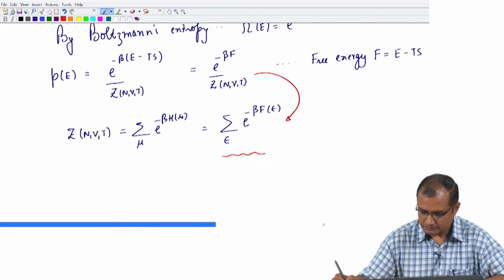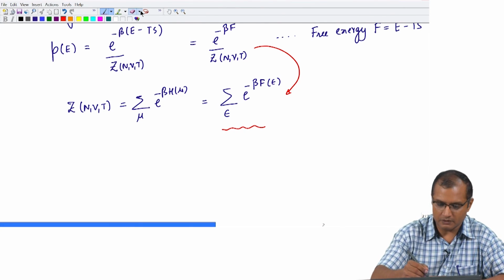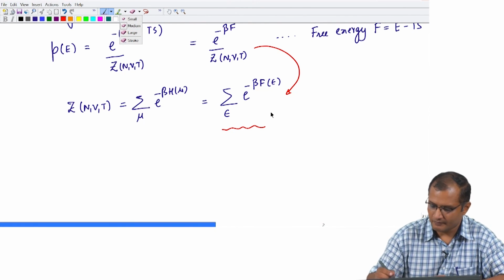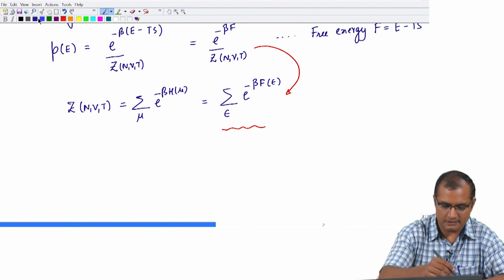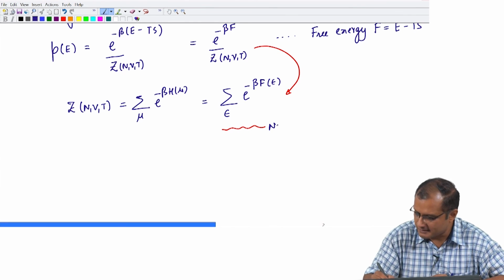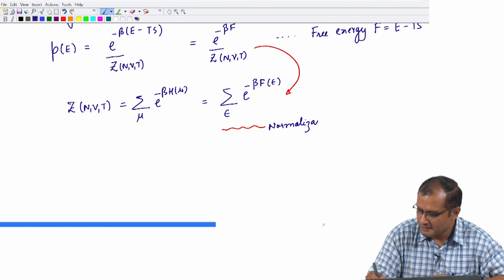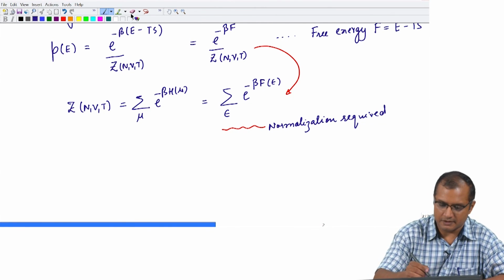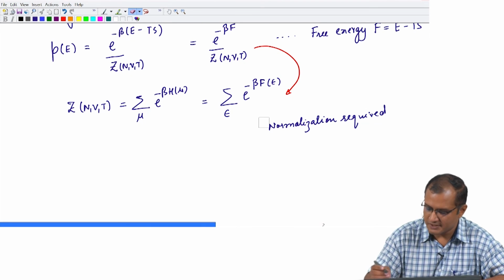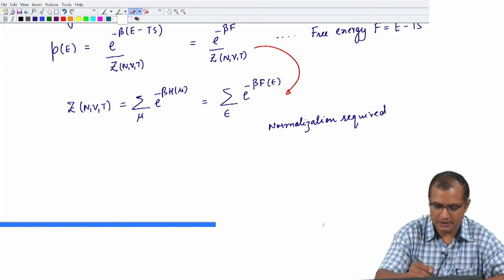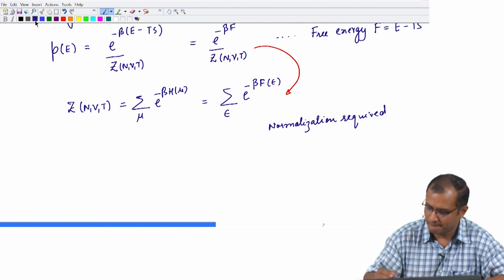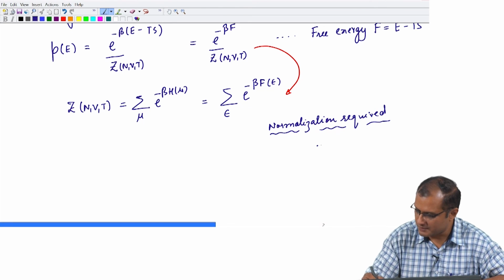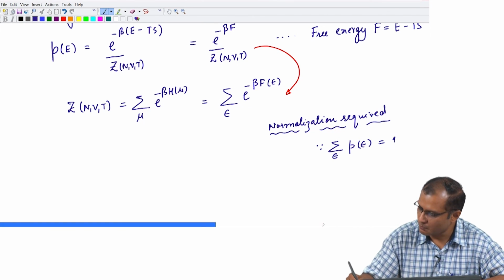So, the partition function is the normalization required to basically keep the probability distribution function well behaved, because we want summation over all energies P of E to be 1.